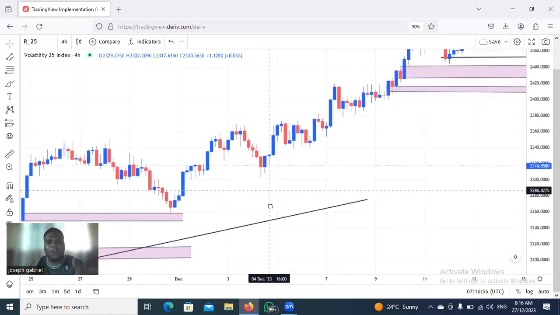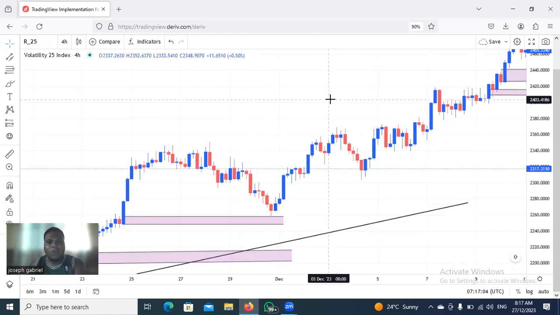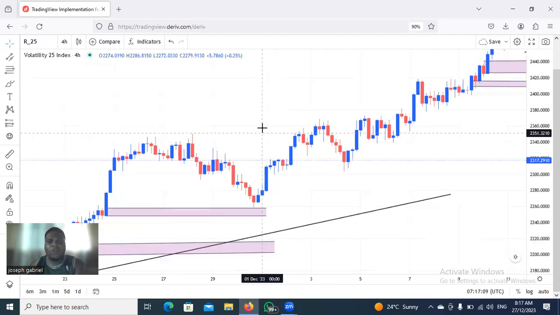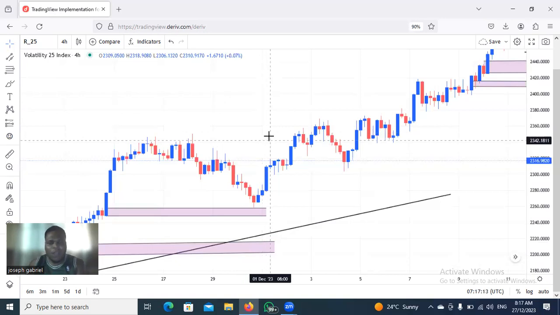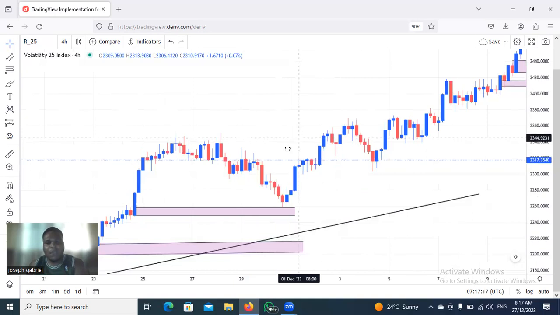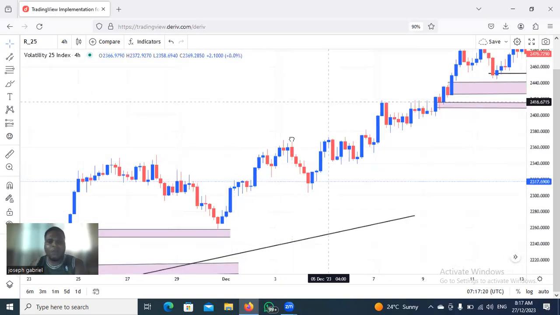So now we talk about the fair value gap. We say it's an imbalance, so price comes to fill in what is not balanced. That's why we call it imbalance. Price comes to fill in the gap it left, either from selling or buying. There are two things that usually happen in the market: either the market comes to take out liquidity or the market comes to fill in the gap.